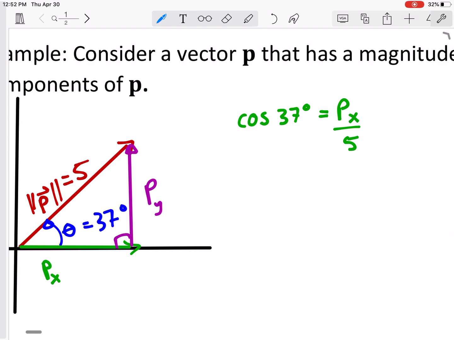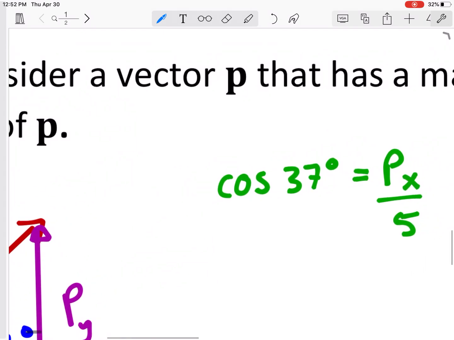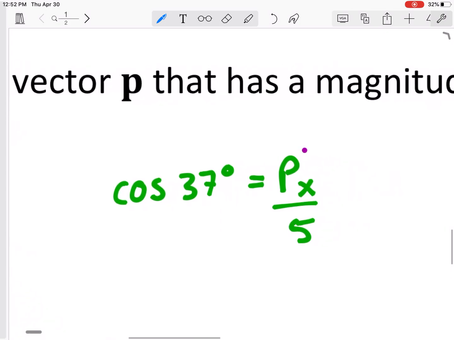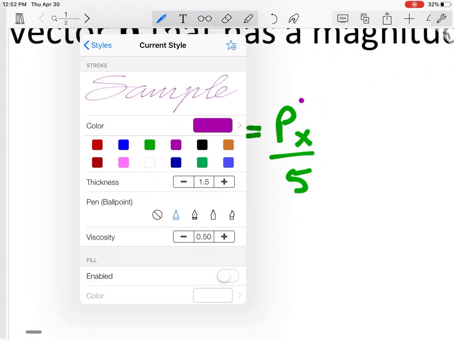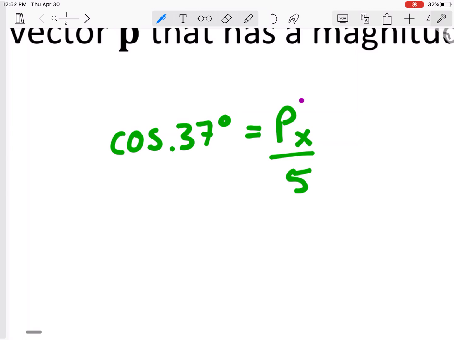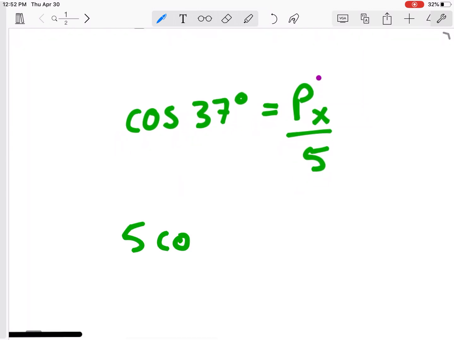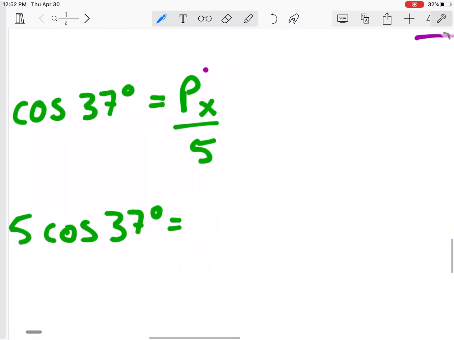So we just set up this right angle trigonometry. We know that cosine is the adjacent over the hypotenuse. We knew the angle, we knew the hypotenuse. Now we can just solve to figure out that adjacent side. Multiply both sides by 5, and we'll get 5 cosine 37 degrees is equal to just P sub x.